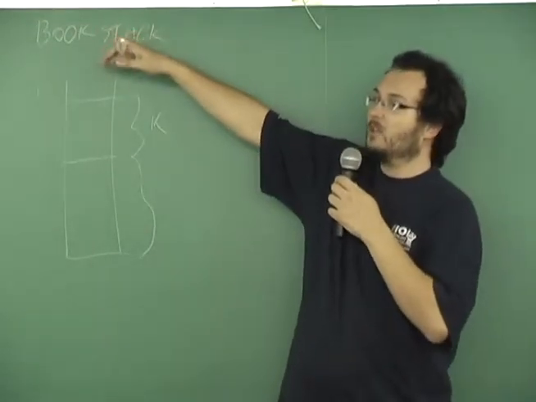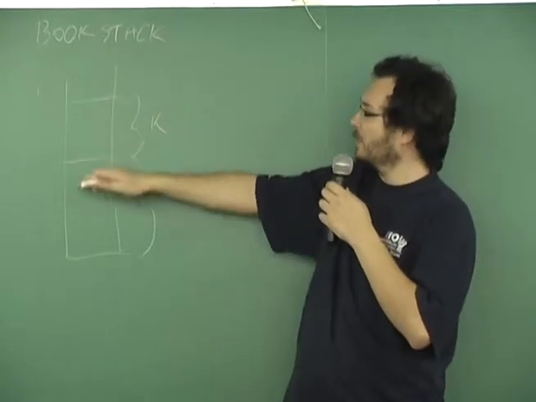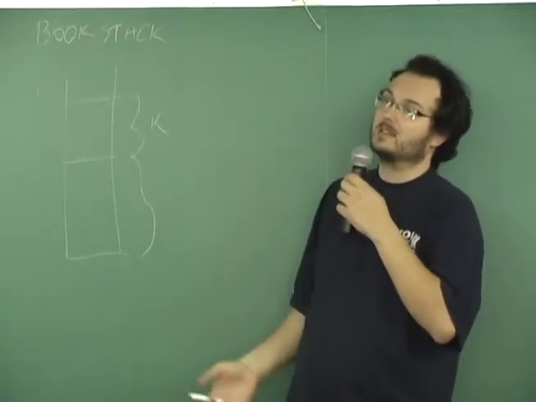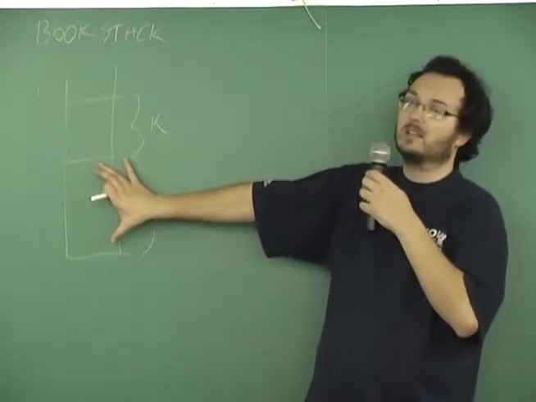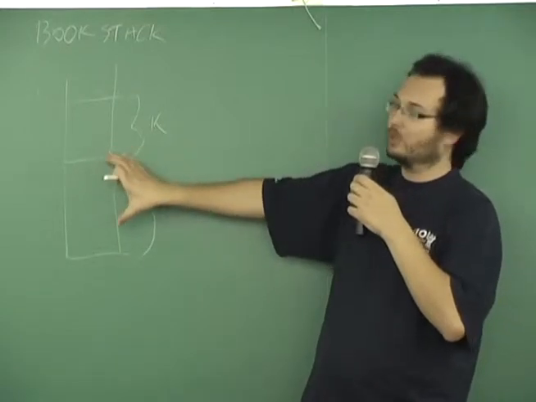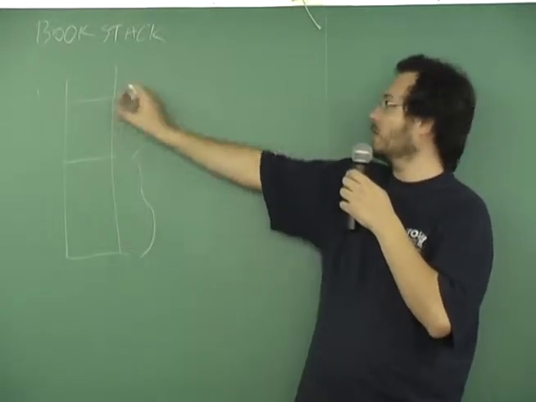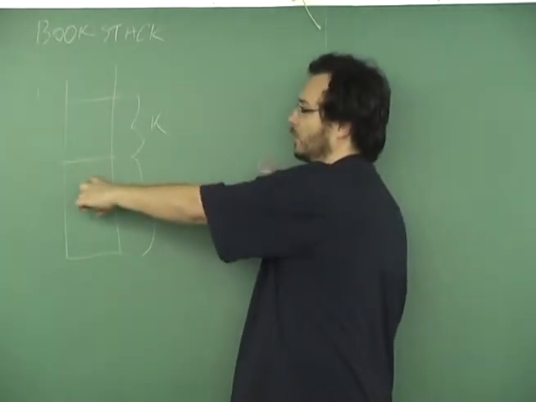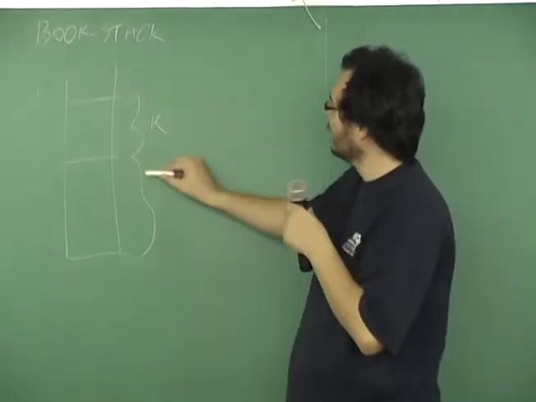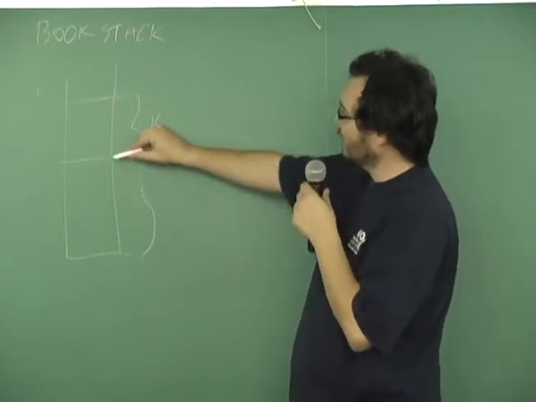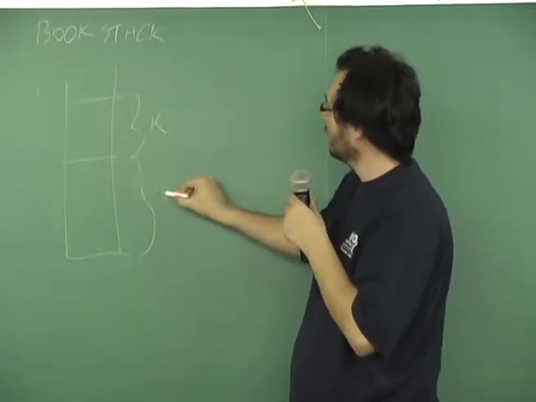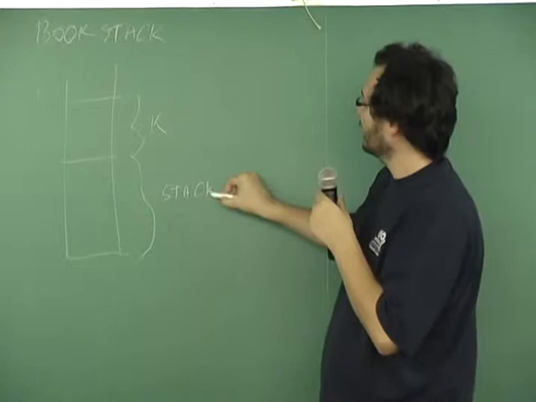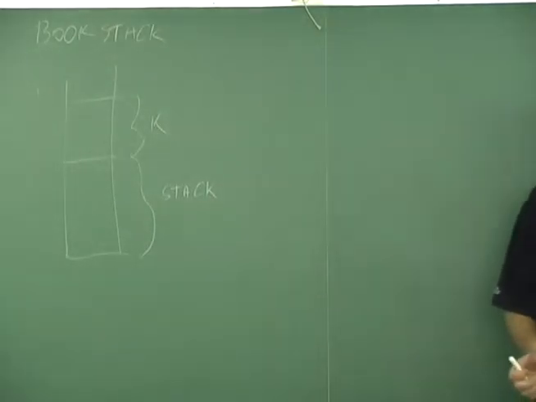So if we add new books somewhere at the top, the new books are at the same time added to this bottom part. And once again, in order to make this bottom part shorter, we can only remove books from the top. And again, this removes books from the top of this part. So in order to store this part of the stack in our program, we will just use a normal stack.